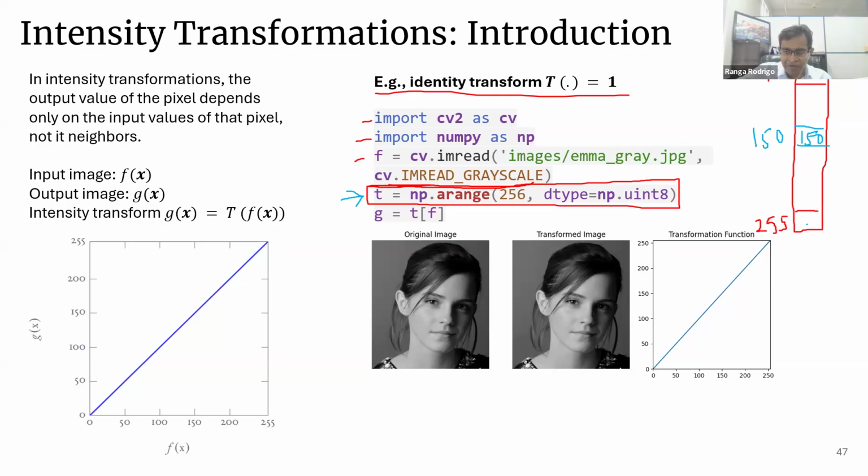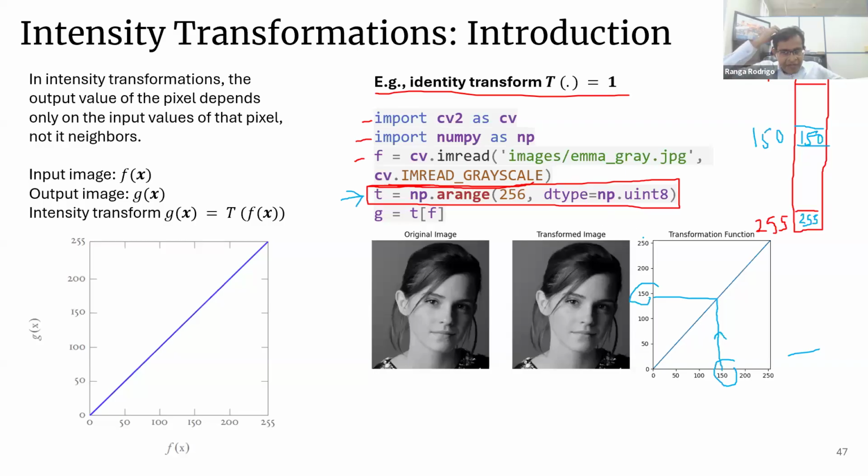And location number 255 will have 255. So you can see input and output are the same in this case, in this array. If this is 150, the output is also 150, defined by the value of this array.